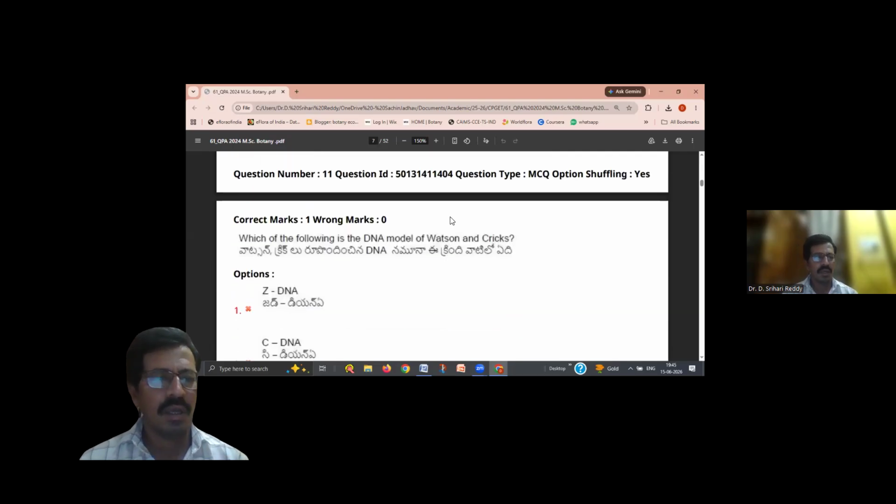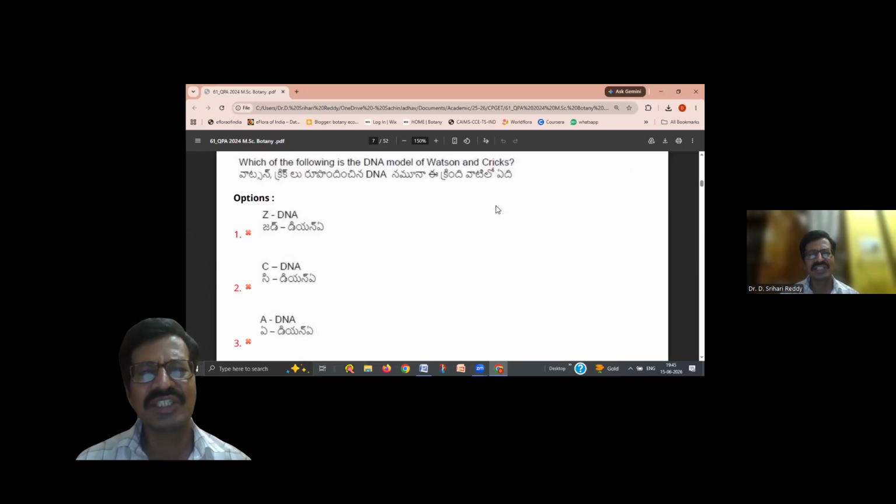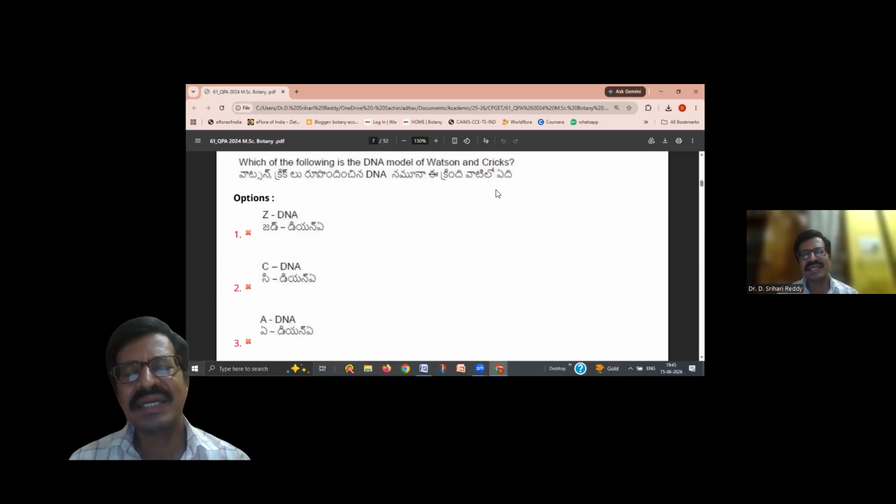Next, the question is, which of the following is the DNA model of Watson and Crick? Watson and Crick initially proposed the DNA model, a double stranded helical structure.